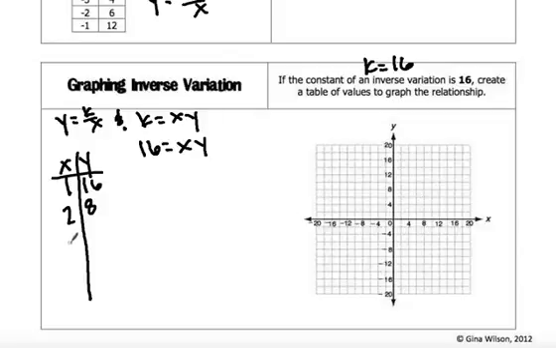And 3 doesn't come out to give me an even number, and since I'm graphing it, let's leave that one out. 4 would work though. 4 times 4 would give me 16. 5 would give me a decimal. 5 times a decimal would give me 16. 6 would also give me a decimal, and so would 7. So I could use 8 and 2.